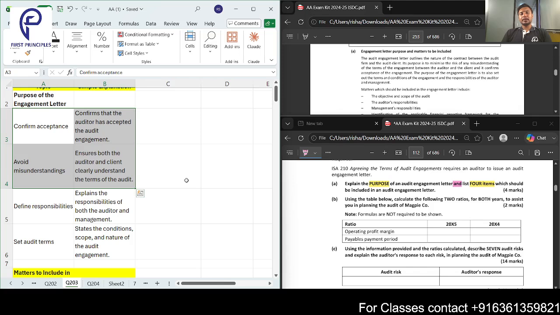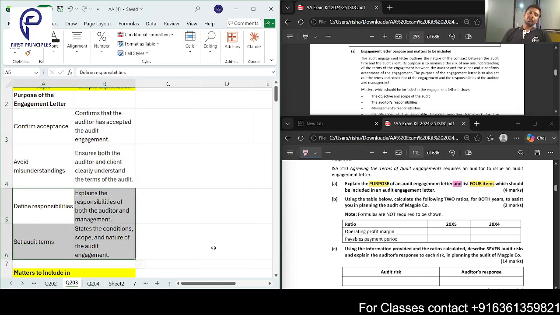How have you understood here the purpose of an engagement letter? Yes, very good. Perfect. That's it. That is the purpose of the engagement letter. First two purposes.